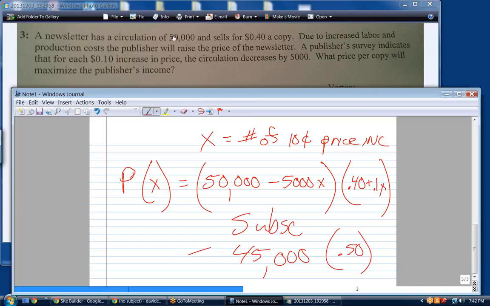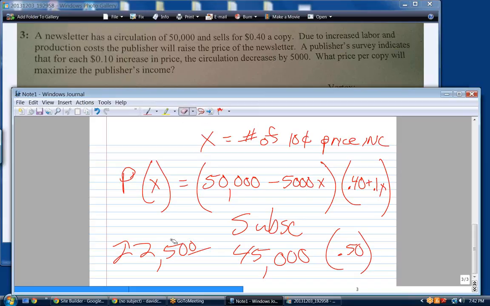In other words, if you start with 50,000 and multiply it by 40 cents a copy, you get $20,000. If you start with 45,000 subscribers, but you charge them 50 cents a copy, well, it's 22,500. So that's more.